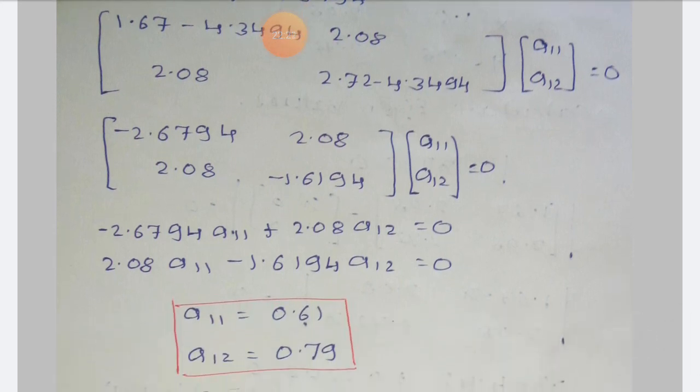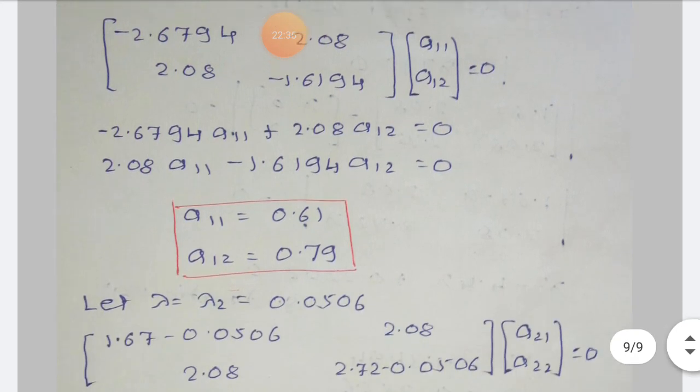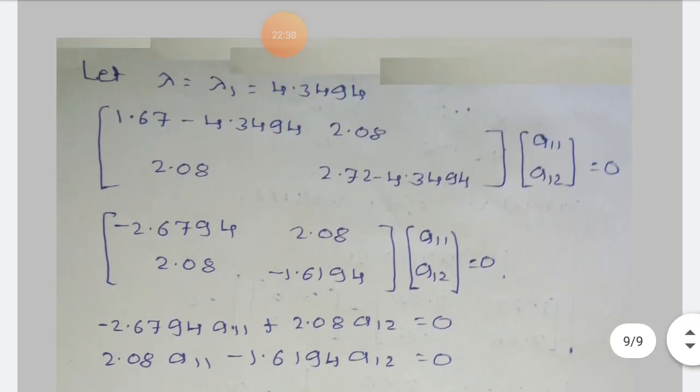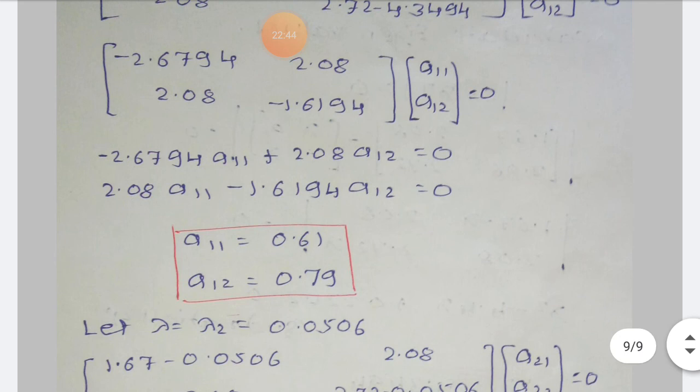Now there are two unknowns, A11 and A12. So after solving the equations, I am getting two values. A11 is equal to 0.61 and A12 is equal to 0.79. Here we considered lambda 1 is equal to 4.3494, and for this I am getting A11 and A12.